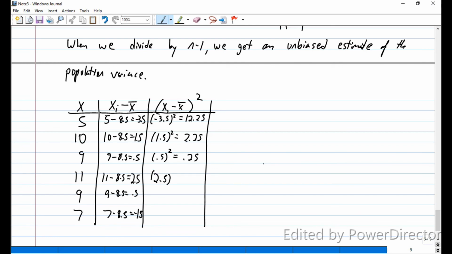Then 2.5 squared gives us 6.25. And again, 0.5 squared is 0.25. And negative 1.5 squared is, again, 2.25. Are all of those answers positive or negative? They're all positive, right? So when you square the deviations there, we always get positive values.